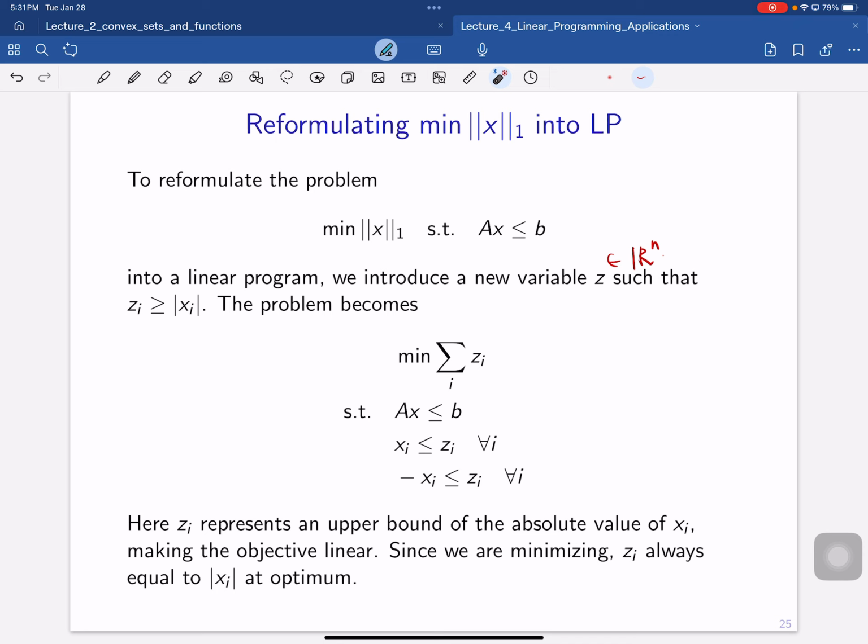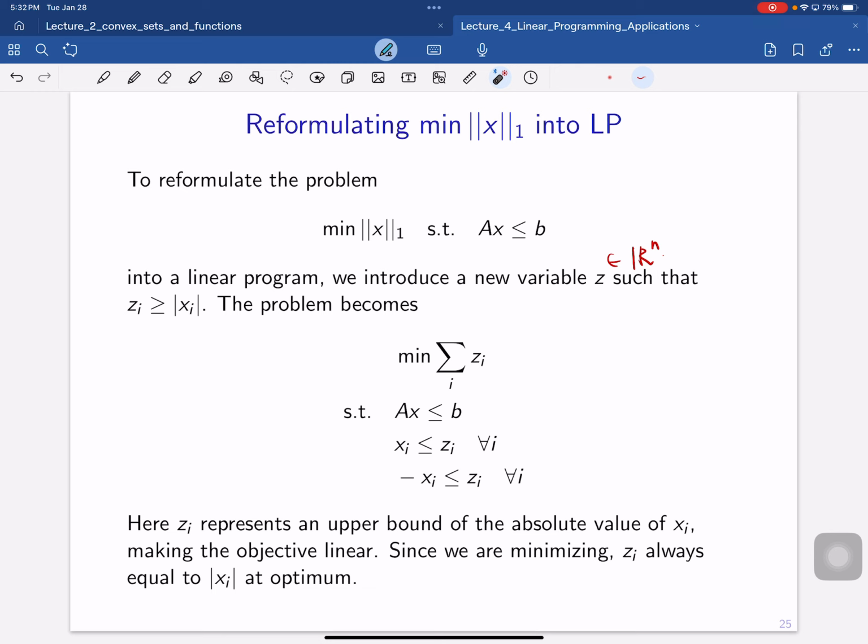So the trick is that you are minimizing zi, and zi is greater than or equal to the absolute value of xi. Then at the optimum of this problem, zi will always equal the absolute value, since there are no other constraints you enforce. So this is a trick we will use.